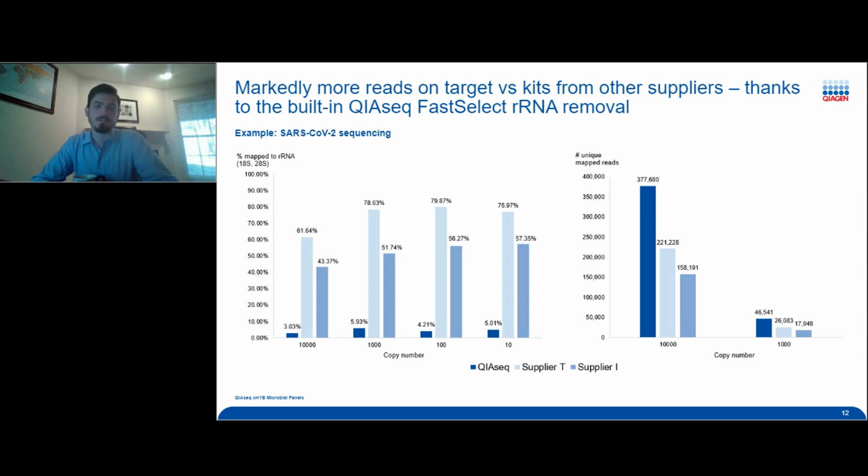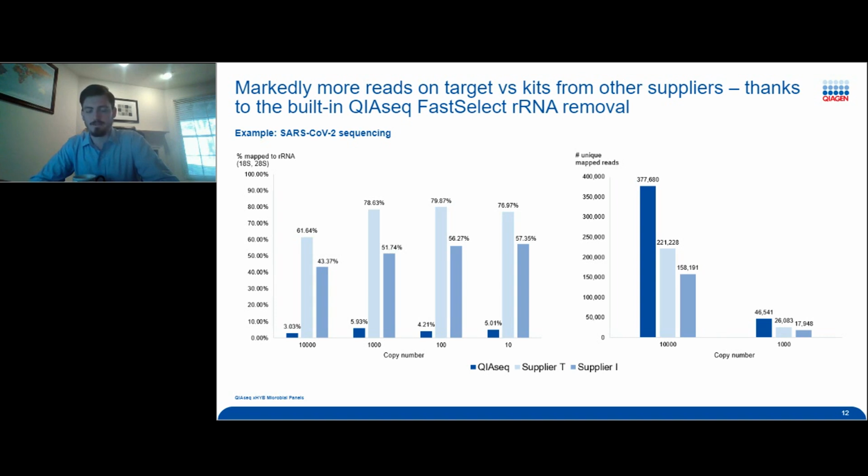You can see on the left, again, that we have significantly fewer reads lost to ribosomal RNA. And what that results in on the right is significantly more unique mapped reads to target, where you can see as compared to supplier T that we have a little under 2x as many reads.